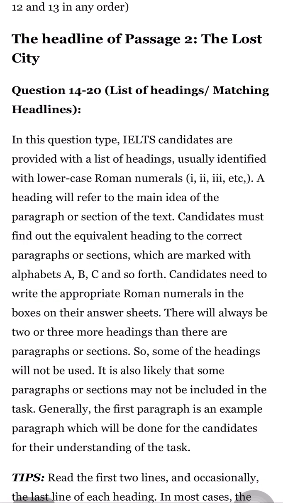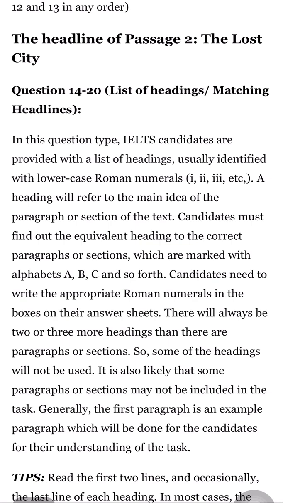Candidates need to write the appropriate Roman numerals in the boxes on their answer sheets. There will always be 2 or 3 more headings than there are paragraphs or sections, so some of the headings will not be used. It is also likely that some paragraphs or sections may not be included in the task. Generally, the first paragraph is an example paragraph which will be done for the candidates for the understanding of the task.